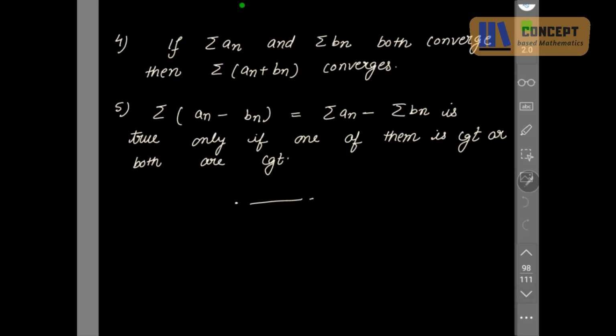Fourth is, if summation an and summation bn are two series and both converge, then their sum also converges.